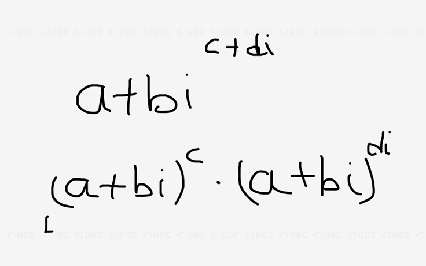In this video, we'll be talking about the first part. In the next video, we will look at the second part, (a+bi) to the di. So first we want to solve (a+bi) to the c, where c is some real number, of course. Okay, so now what do we do?